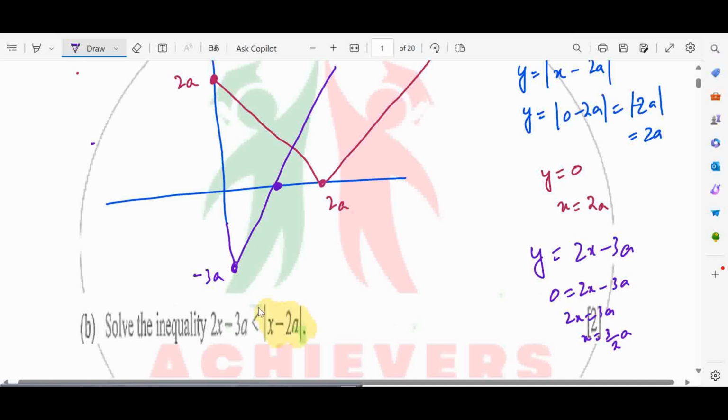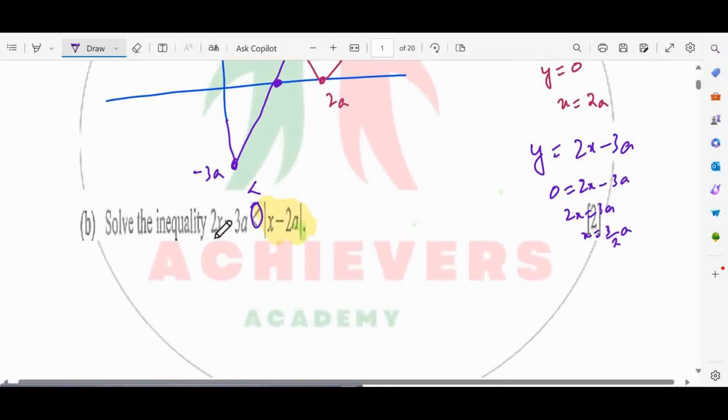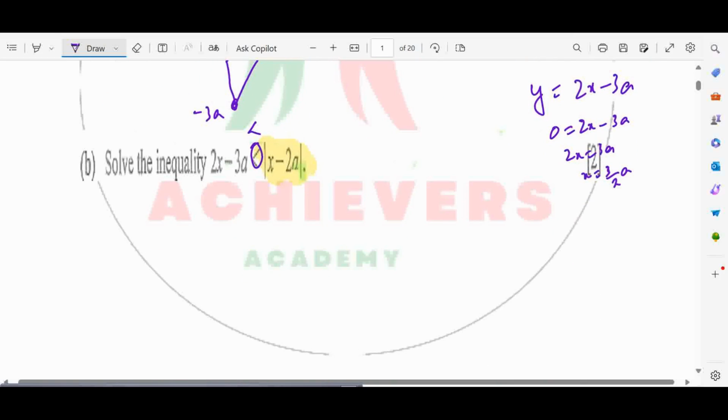Now we need to find out where this is less than. Less than means we need to find the intersection point of these two lines. How can we find the intersection points? We just need to simplify it like this: 2x minus 3a equals x minus 2a, because we are interested in the point of intersection.